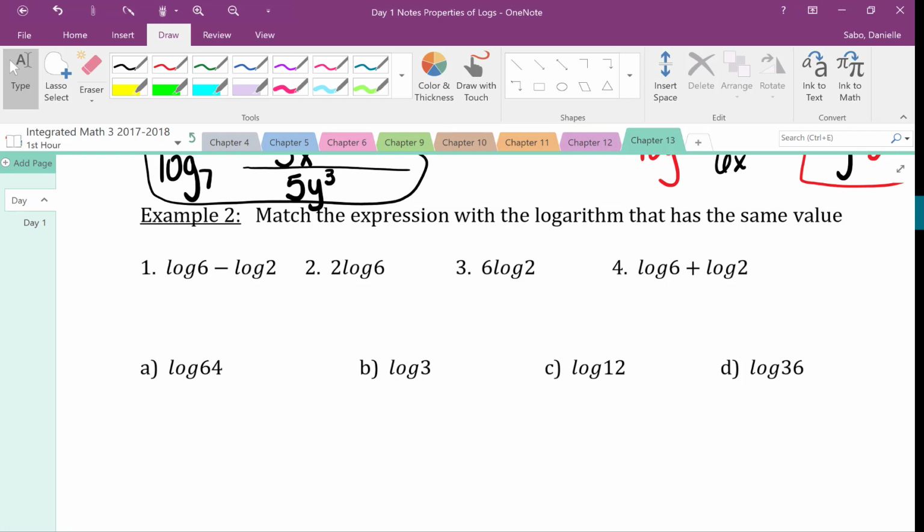We're going to do 1 through 4 and see if we can match them.